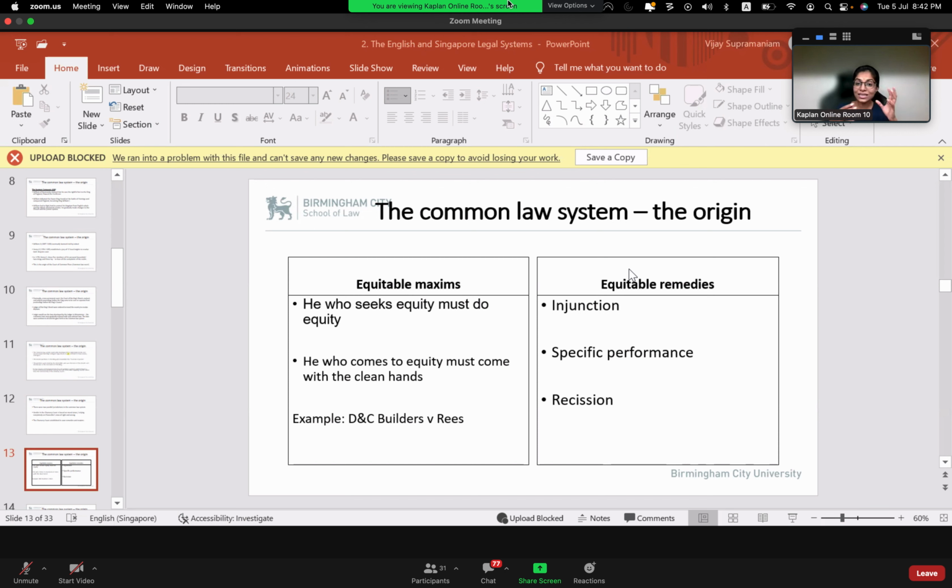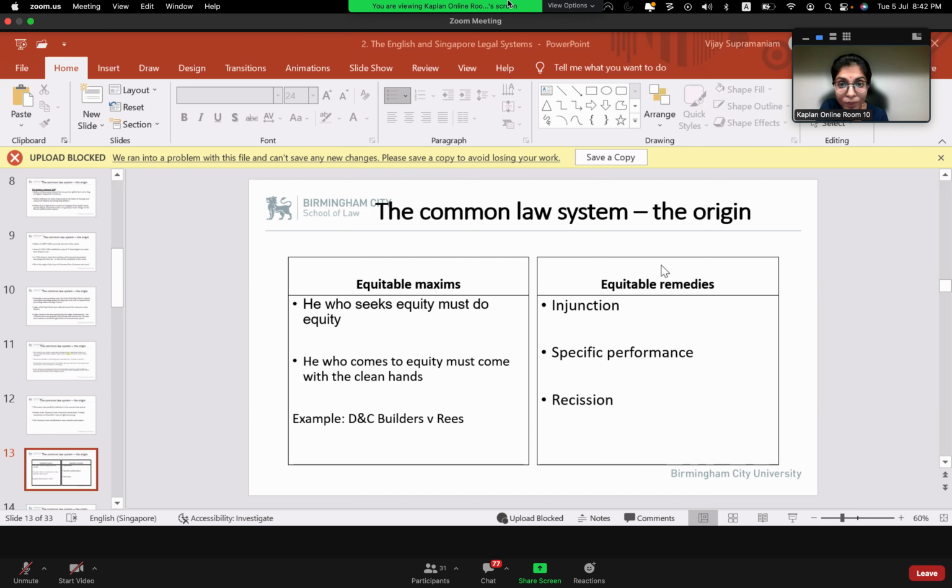Okay? So these are the types of maxims which were developed and created by equity. And then we have equitable remedies here. So what are the equitable remedies that we have here? Remember I told you, common law could only award damages. Am I right?